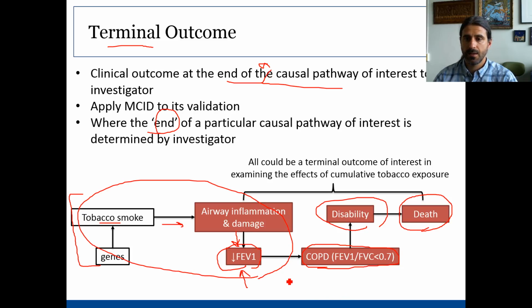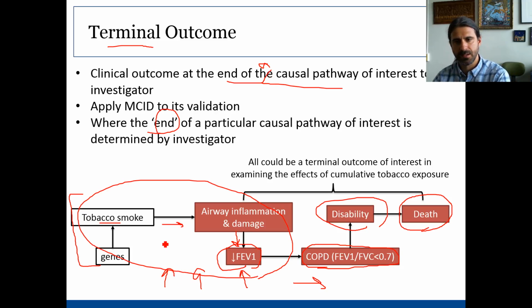Now again, there are other outcomes beyond this, and my underlying hypothesis might be a future study towards other endpoints of interest, such as COPD and disability, but for a current study I may only be interested in this part of the pathway.